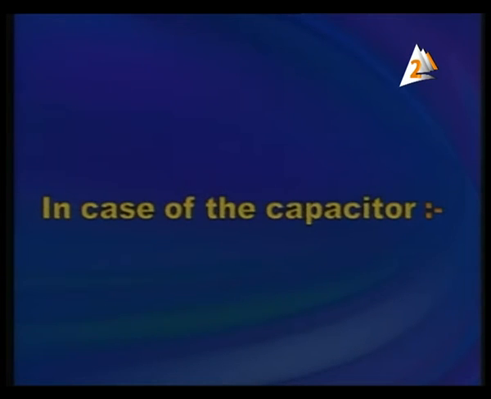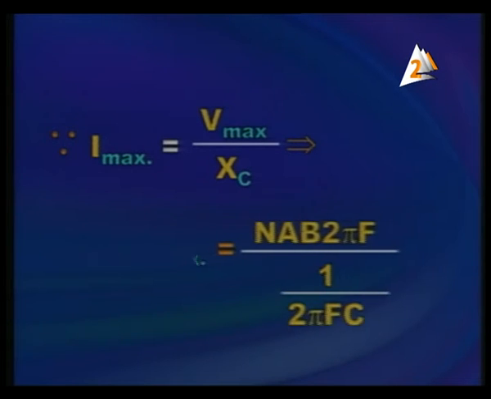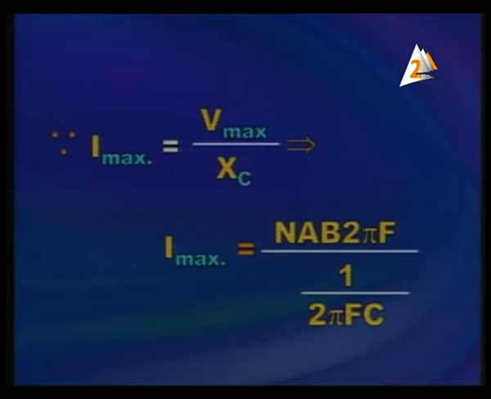Talking about the second case, the case of the capacitor, maximum current is determined from V maximum over XC. Maximum voltage is NAB 2 pi F, and XC equals 1 over 2 pi FC.